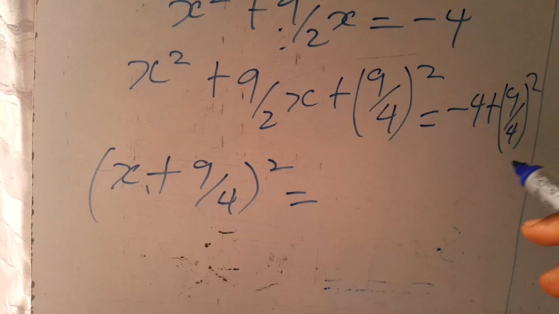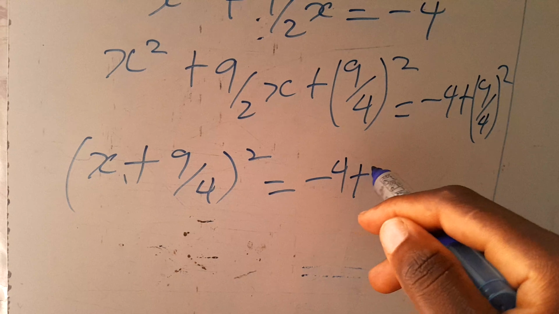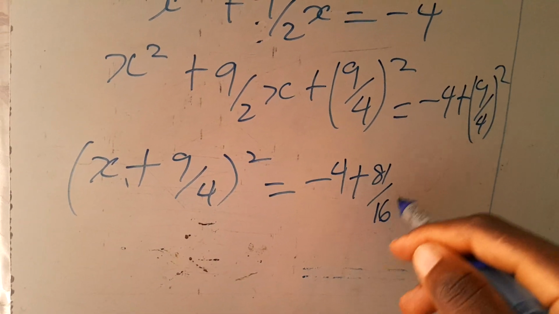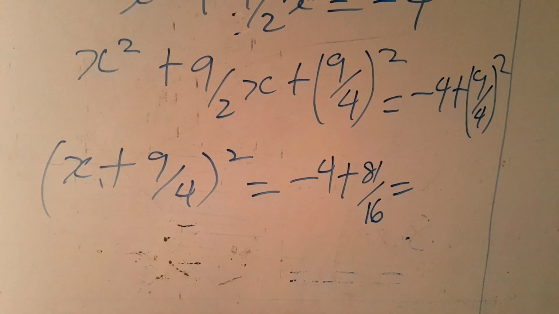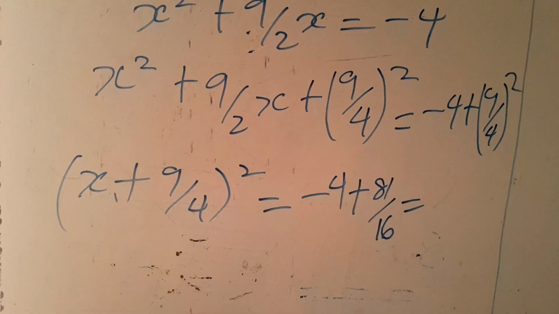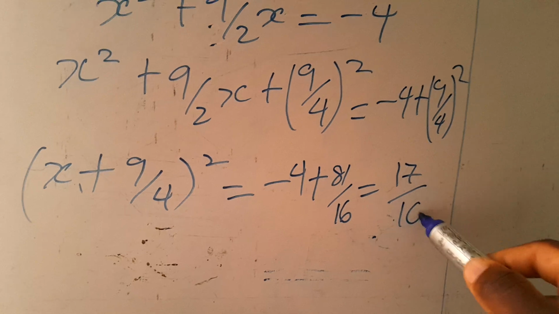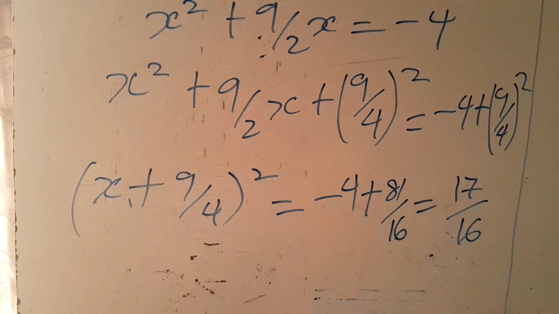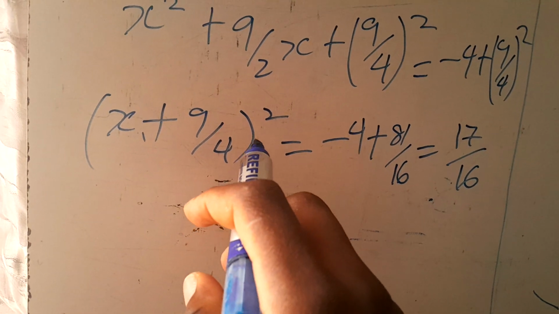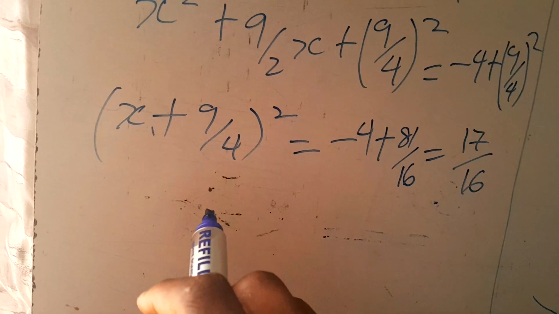When we solve this other side, we will have minus 4 plus 81 over 16, which will give us 17 over 16.